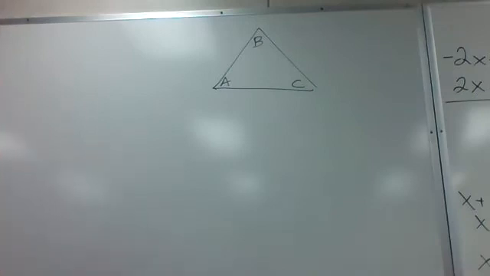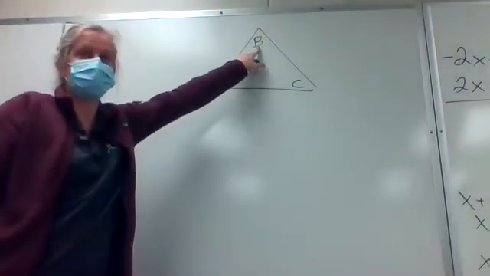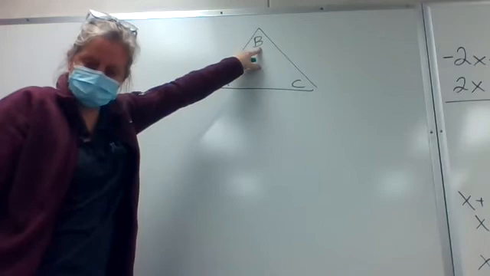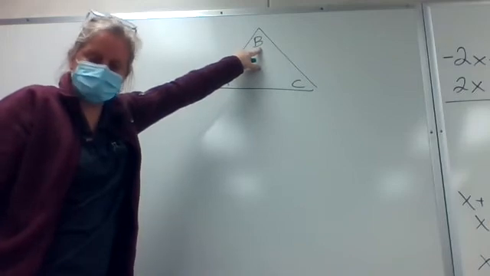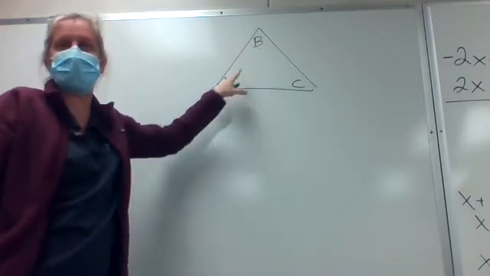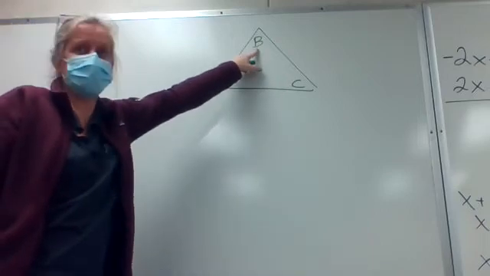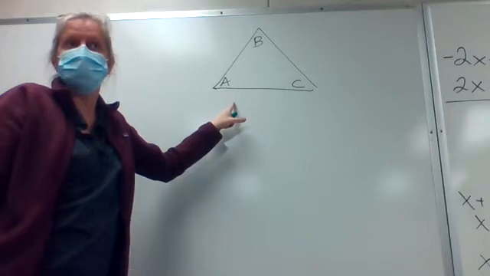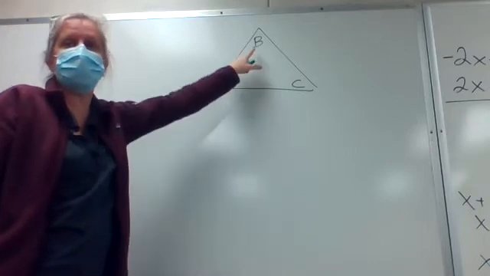Let's see what information it gives me. It says the measure of angle B, so this angle, is 17 more than 3 times the measure of angle A. So I don't know what B is, but I can rename it using the letter A. What do you know about B?